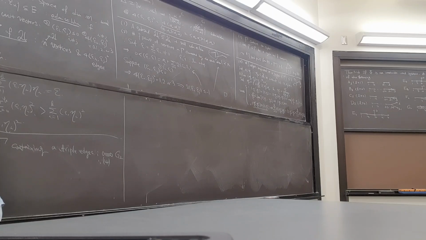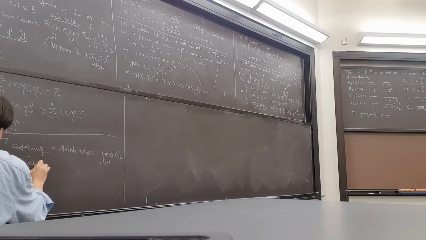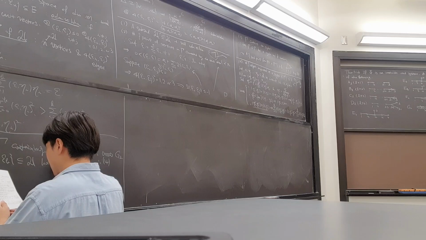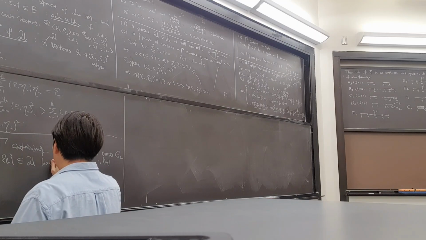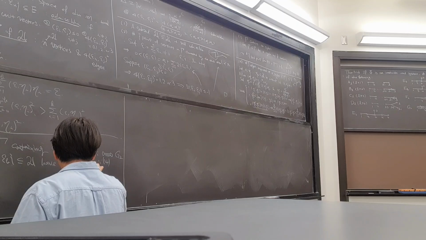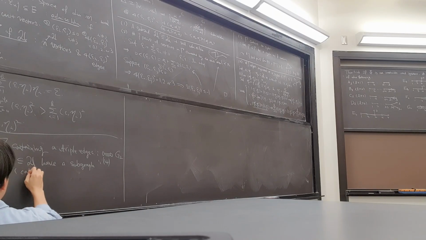Let epsilon 1 to epsilon k be a subset of an admissible subset that has a subgraph like this; this simple graph is called simple.